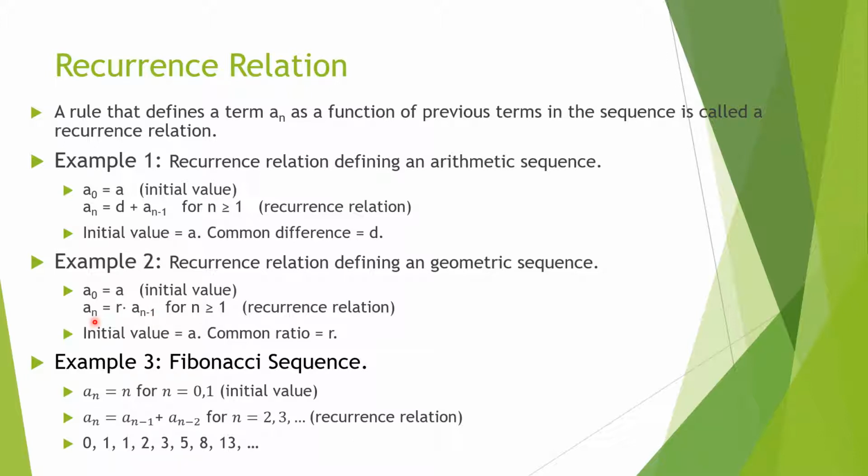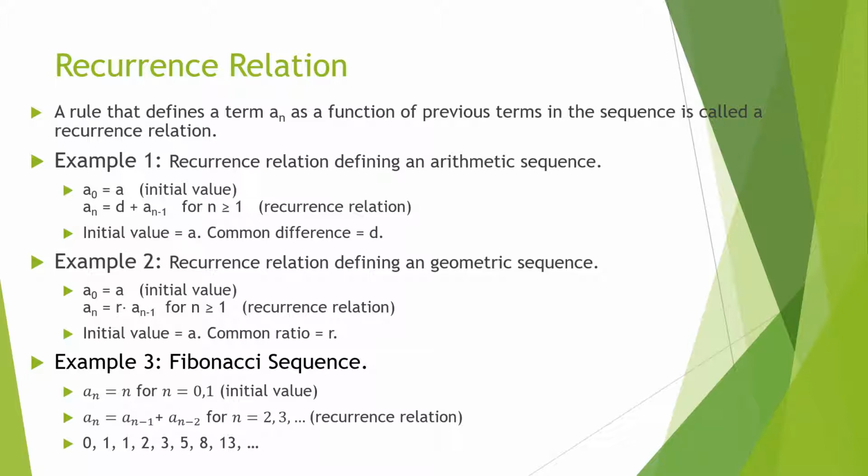A sub 2 is 2 times 2, which is 4, and this way you can calculate the terms with any index that belongs to the set of all positive integers. So this is how the recurrence relation of a geometric sequence looks like.